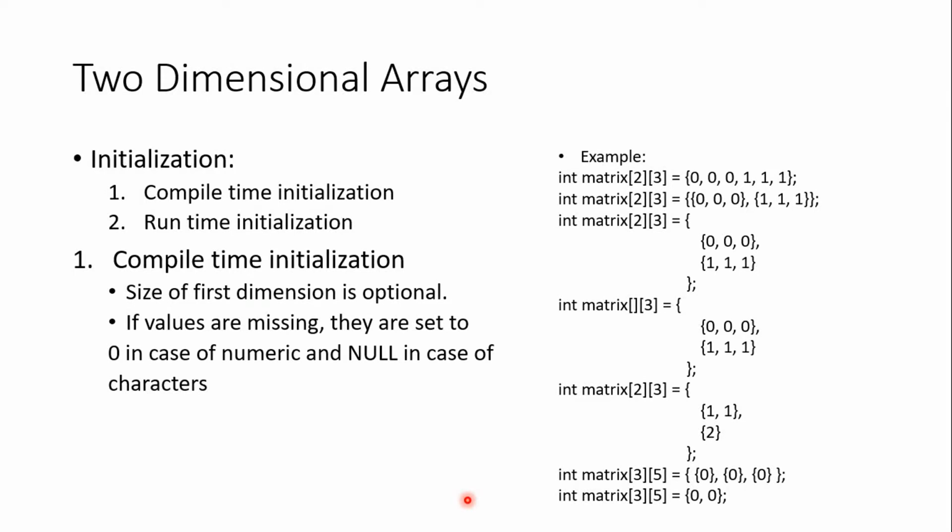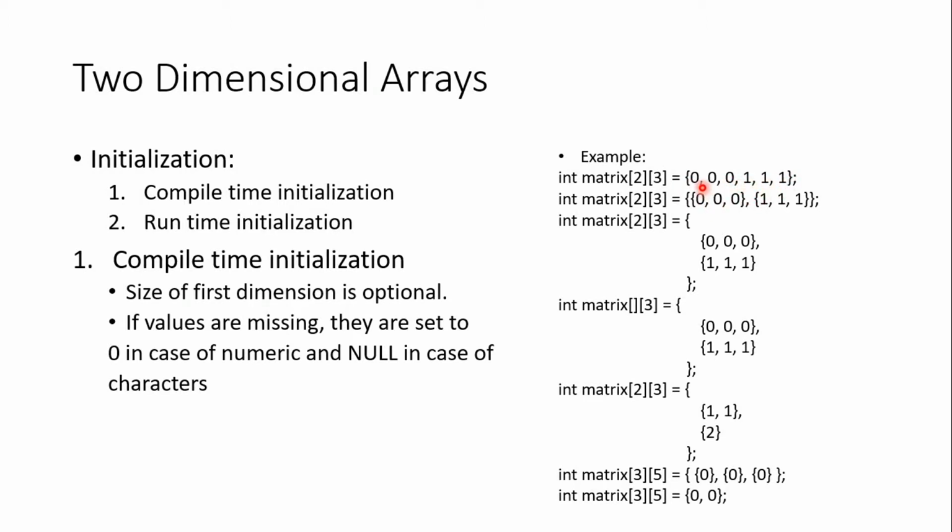For initialization, there are two types again: compile time initialization and runtime initialization. Compile time initialization, here are some examples. The most common initialization form is the first one, int matrix[2][3] = {0, 0, 0, 1, 1, 1} separated by comma.